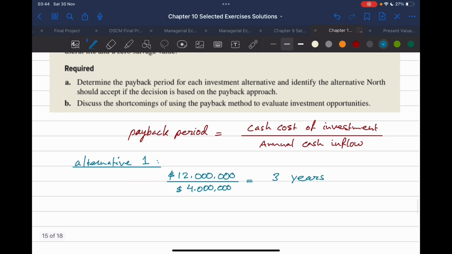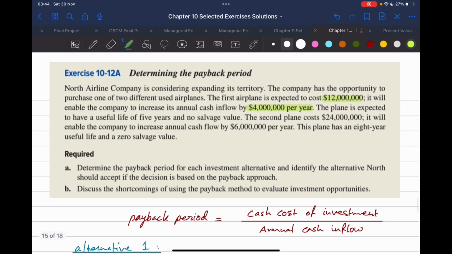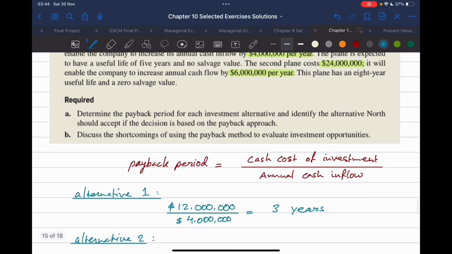All right. For alternative 2, the cost of the airplane is going to be $24 million and is expected to generate a cash inflow of $6 million per year.